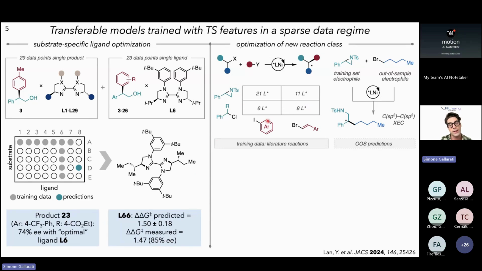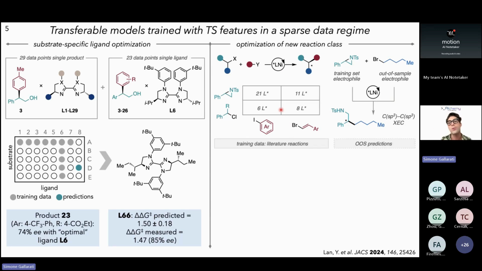So we took data from the literature on nickel-catalyzed cross-electrophile coupling reactions involving a matrix of different CSP2 electrophiles and CSP3 electrophiles. And again, this is a situation of data sparsity, because we have only tested some ligands for some combinations of substrates, so we don't have the full combinatorial matrix. We use that data to train our model.